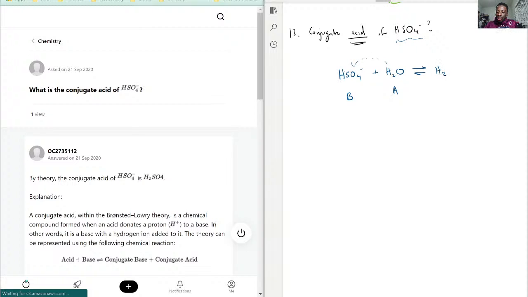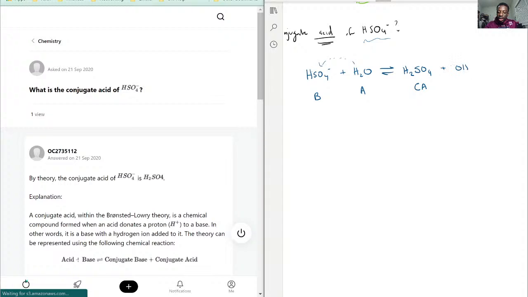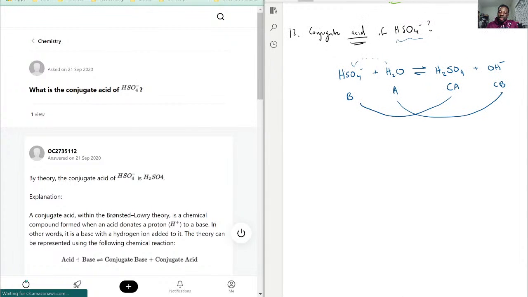So we're going to have H2SO4, no longer minus here. This will be our conjugate acid, plus OH minus, which will be our conjugate base for water. So as this question asks, the conjugate acid of HSO4 minus will be H2SO4.